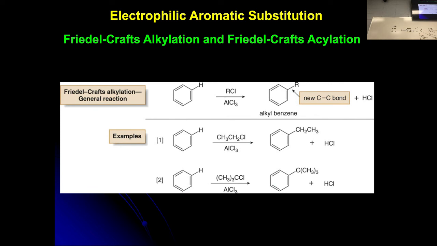So it was neutral and became negative when it accepts the electron. What happened to chlorine? Positive. Does chlorine like to be positive? No. So it's going to pull electrons to itself, right? From the carbon. But it's not going to break that carbon-chlorine bond completely. It behaves like a carbocation, but it's not a carbocation.